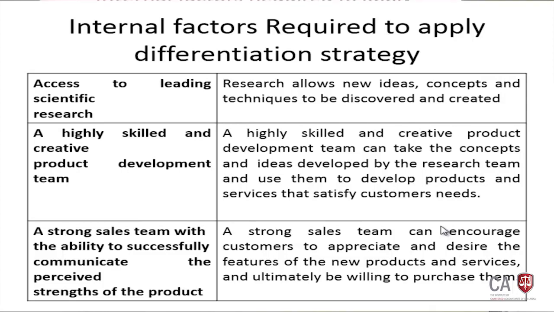Then you should have a strong sales team. They are able to successfully communicate the perceived benefit of the products. Sales people are important. They can create an image of the products, right. So those are the three important factors required.